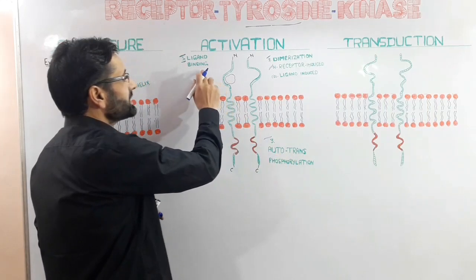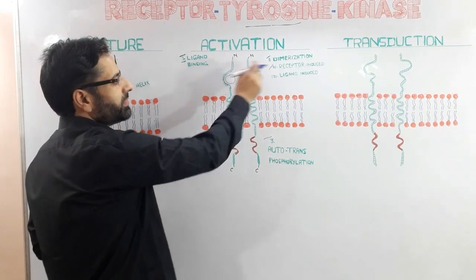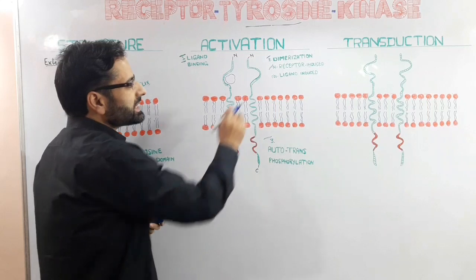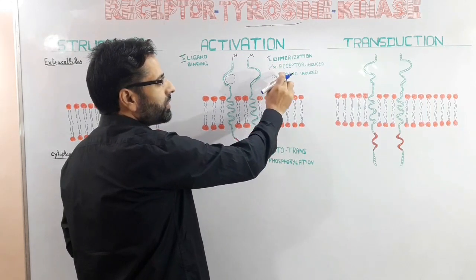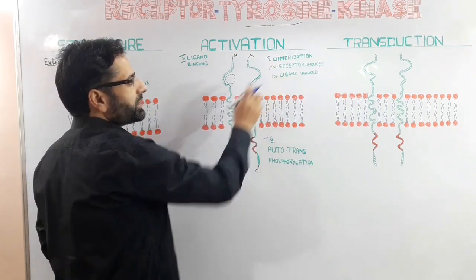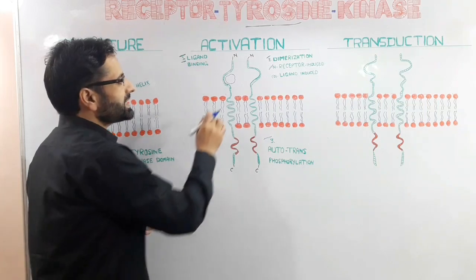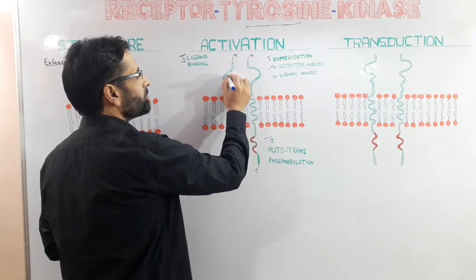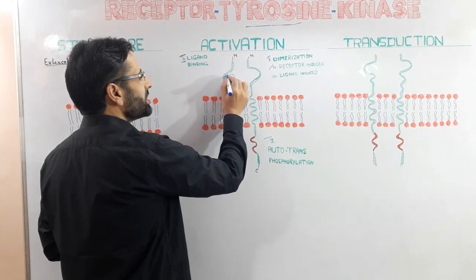First we have this ligand binding, this signaling molecule binding. Then we have this dimerization. This dimerization is of two types, either receptor induced or ligand induced. In the case of receptor induced, we have a signaling molecule that binds to a single receptor at a time. These are monomers. They have a single polypeptide chain.